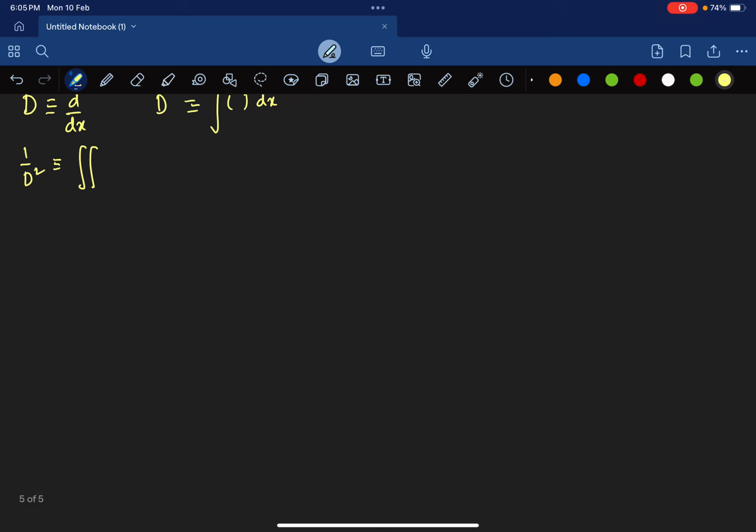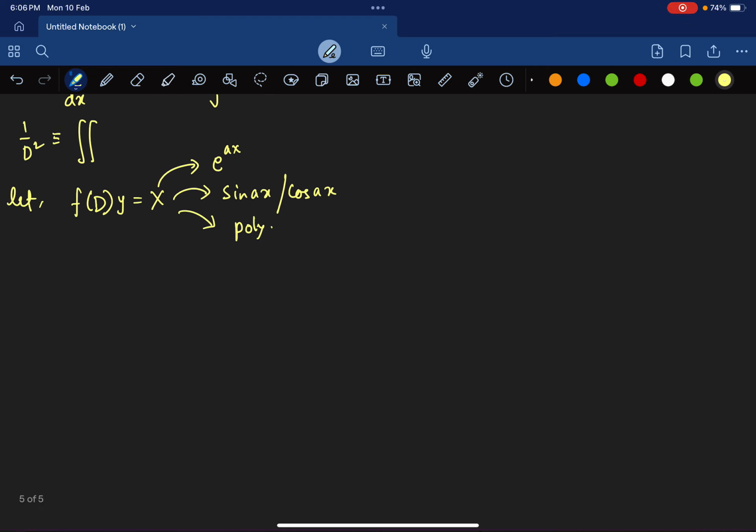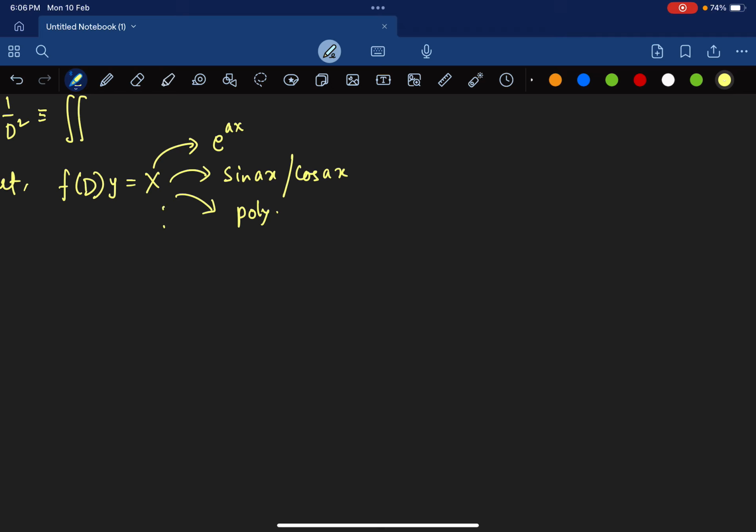For example, let f(D)y = X. This function, capital X, can be an exponential function e^(ax), or suppose sin ax or cos ax, or a polynomial function, or a combination of exponential, sine or polynomial functions, or a combination of different types of functions.